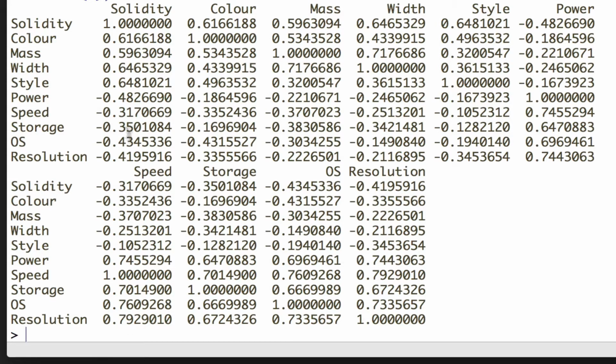So if we look at these correlations, generally they're okay. There are a few red flags like this one. For style with speed, there's only a correlation of negative 0.18. So there are some issues there, but I generally think this is okay for what we need to do.